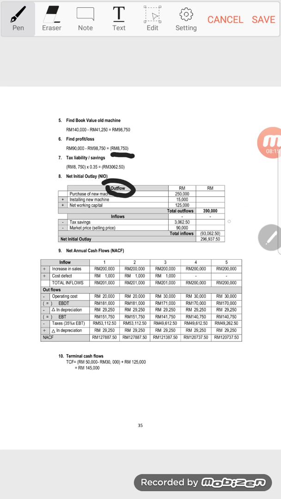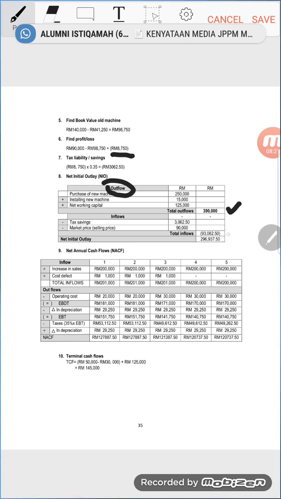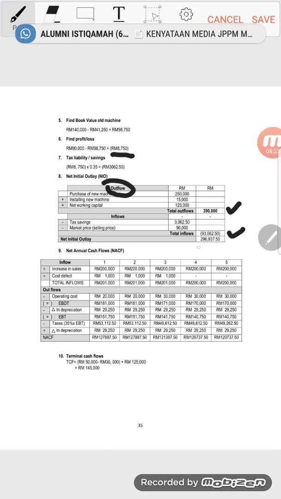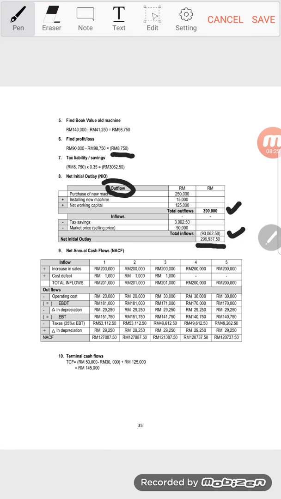So what you have to do is take the total outflows, 390,000 ringgit, minus the total inflows, then only you will get the amount of net initial outlay, which is 296,937 ringgit 50 cent.